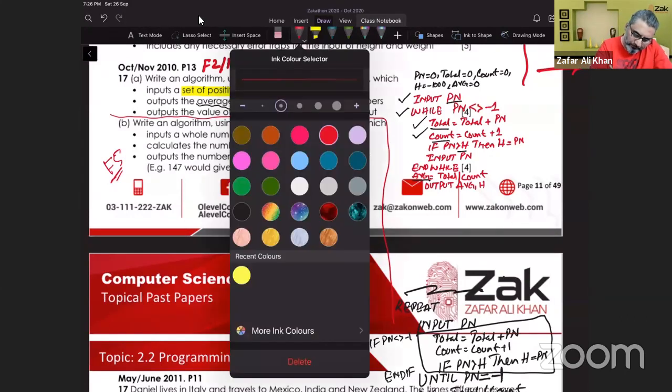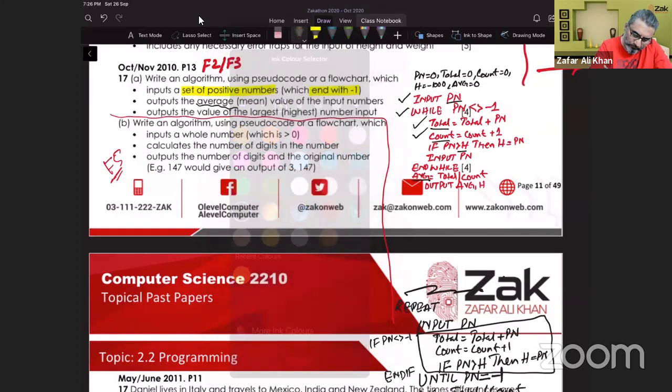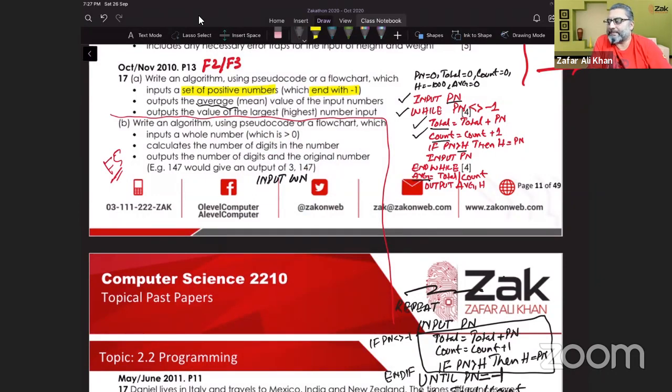Input a whole number which is greater than 0 means you don't have to do anything unless it is specifically asked that you have to carry out validation. You are not going to do it. So it's a whole number, in good faith, that when entered is greater than 0. You don't have to do anything for it. Calculate the number of digits in the number.